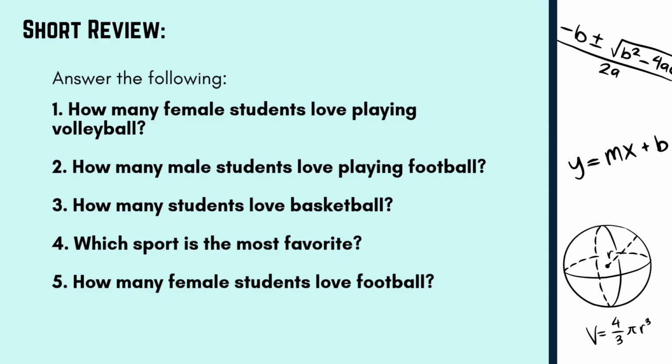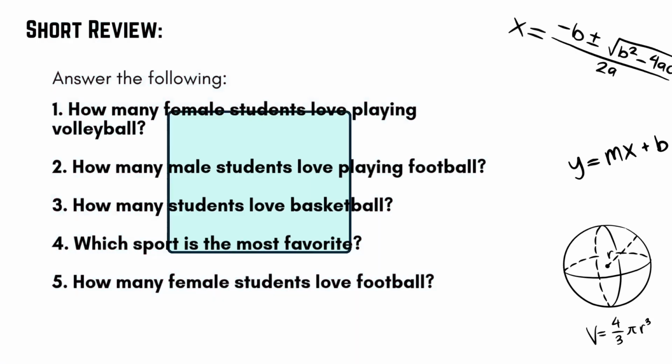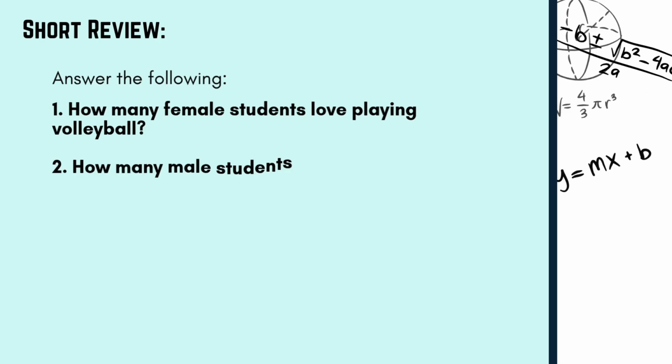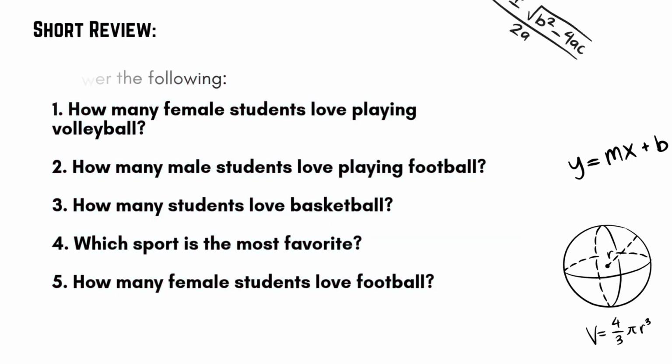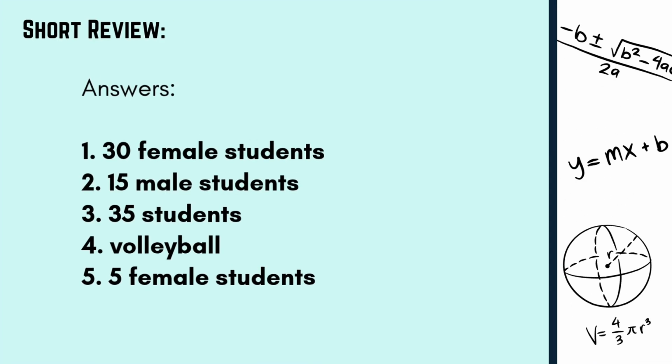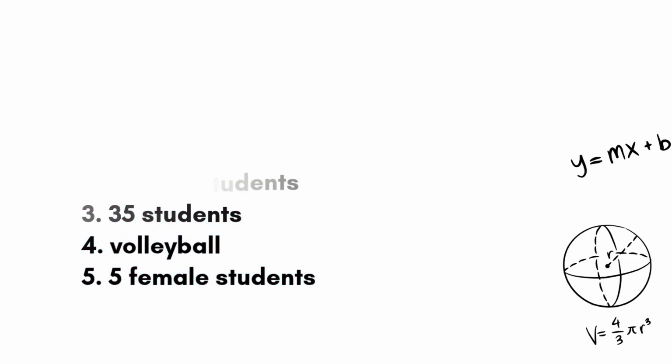Which sport is the most favorite? We have volleyball. And how many female students love football? We have 5 female students. All right, so these are the answers to the questions that we had a while ago.